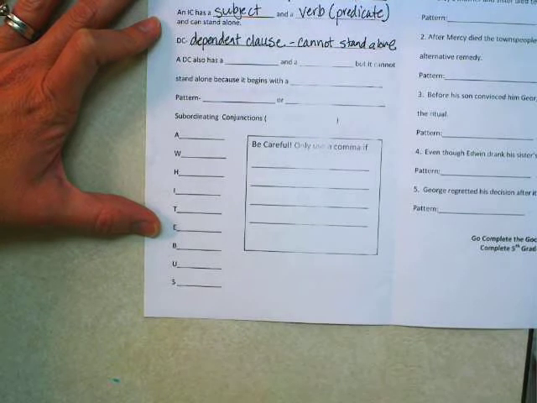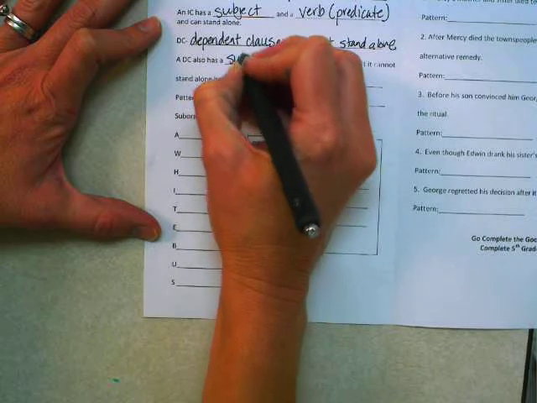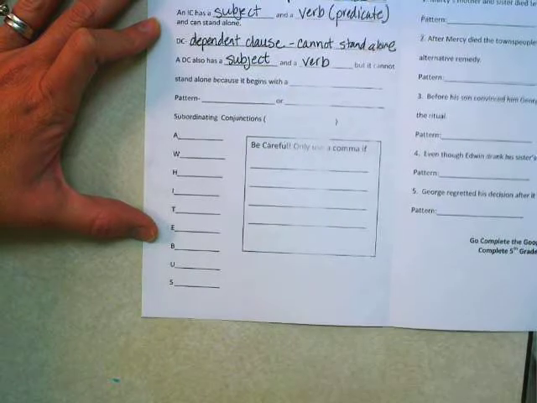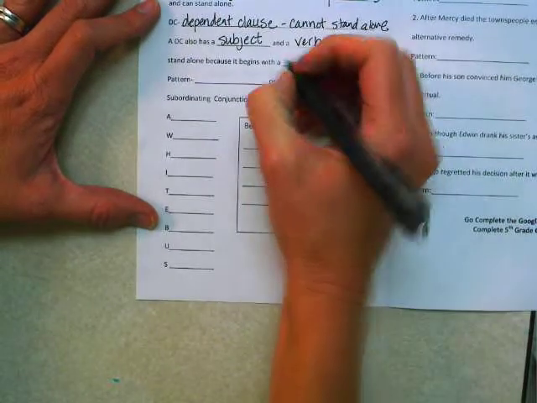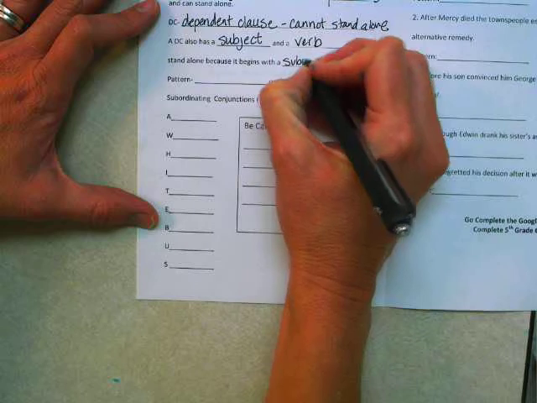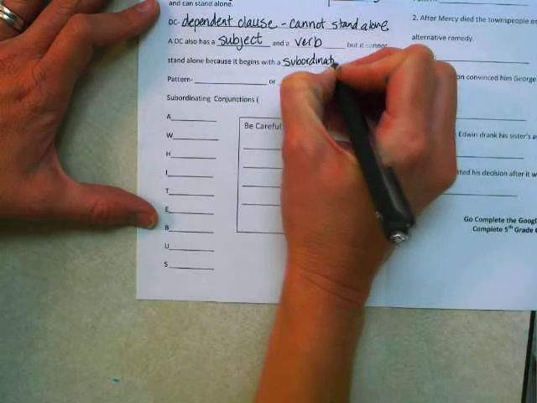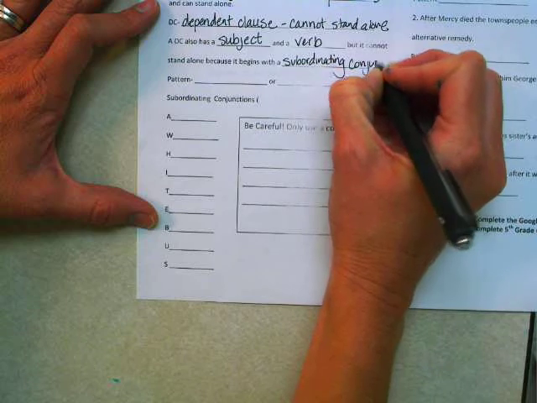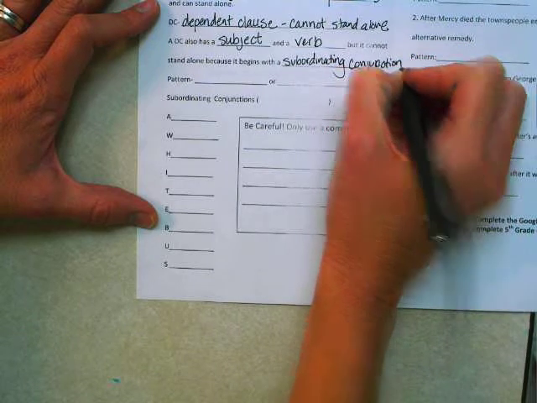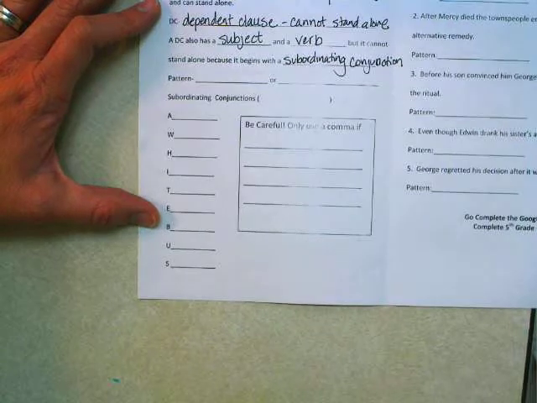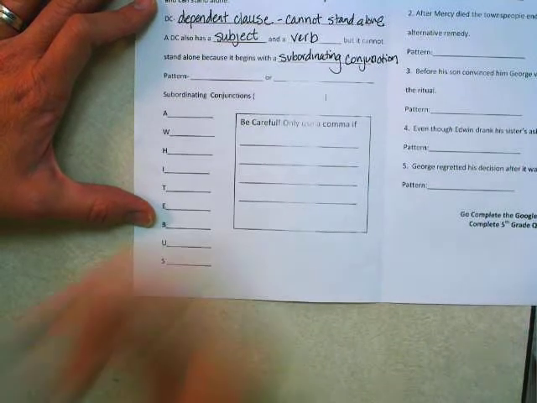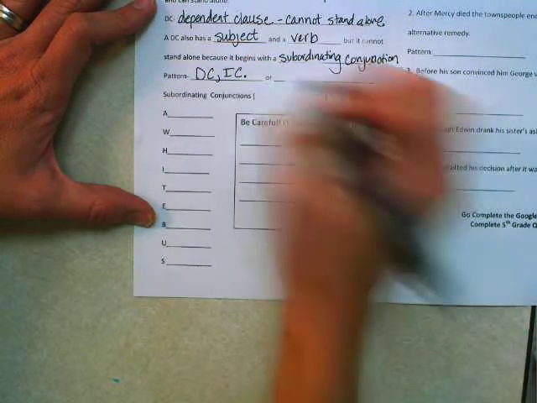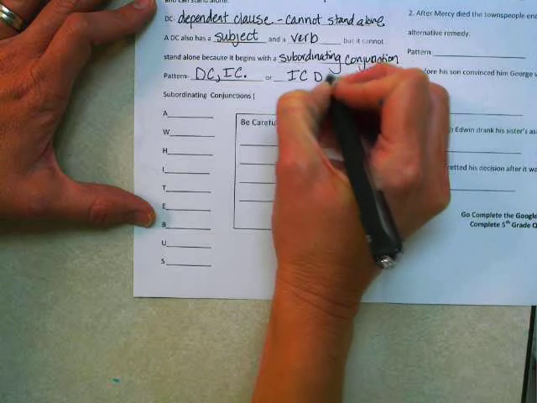A DC also has a subject and a verb, but it cannot stand alone because it begins with a subordinating conjunction. So our pattern for complex sentences is DC, IC, period, or IC, DC, period.